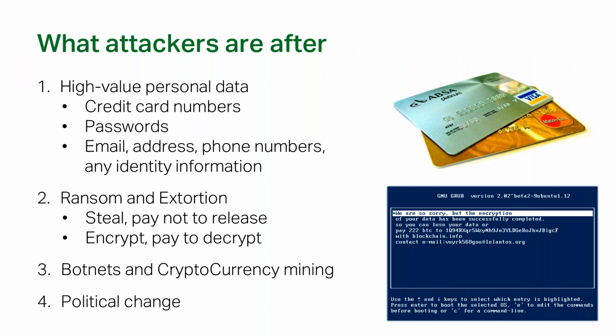Attackers are after a range of different information or resources or opportunities as they seek to exploit a website or web service. They may be looking for high-value personal data.